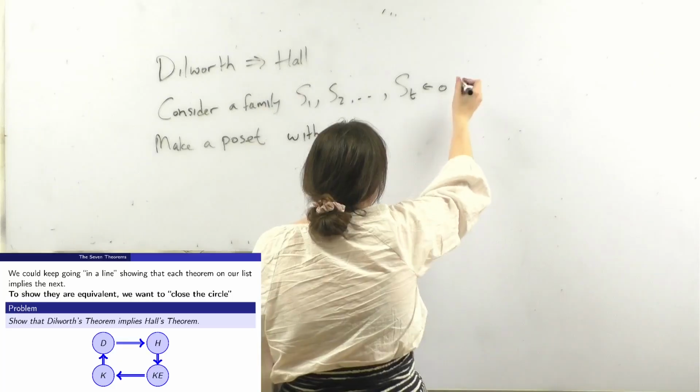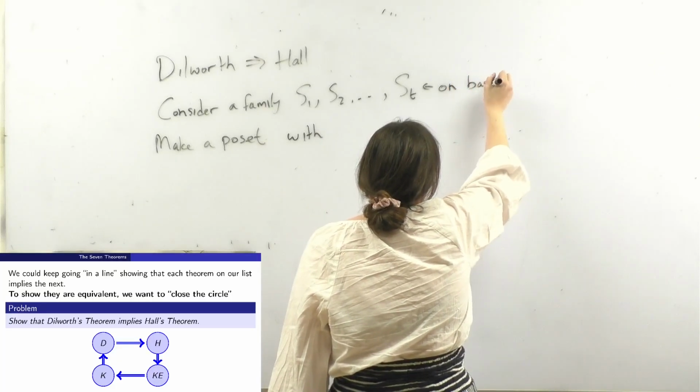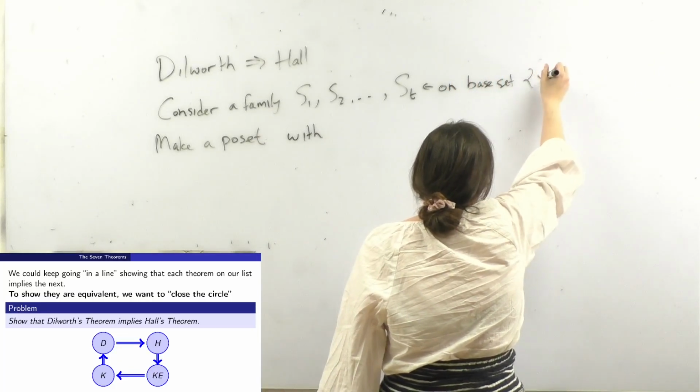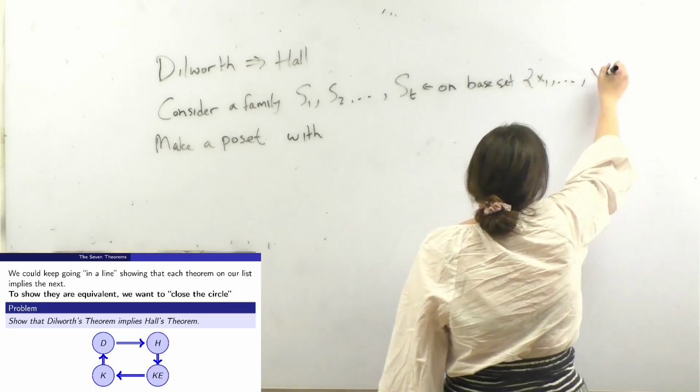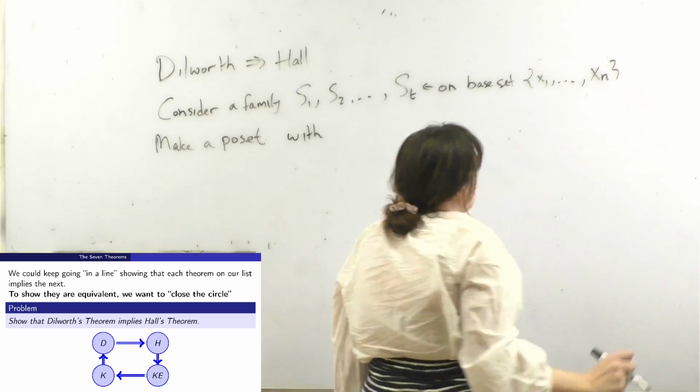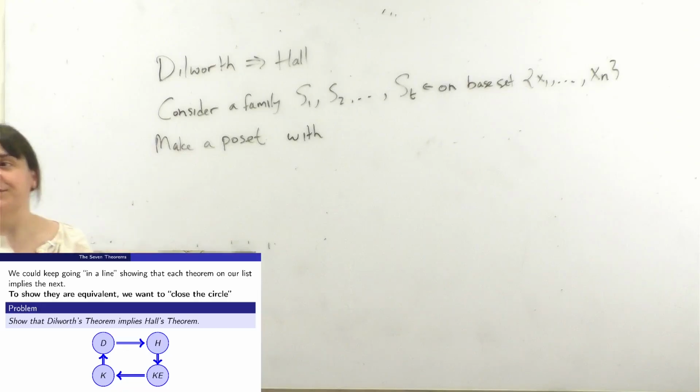I'm going to say that these sets are all drawn from n elements, say x1 through xn. And my poset is going to contain all of my sets and all of the elements that make up the sets.